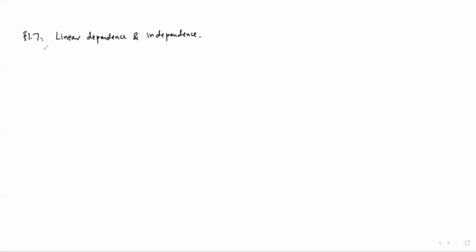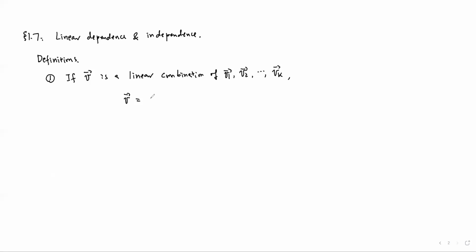So, definitions. Number 1. If a vector V is a linear combination of some other vectors, say v1, v2, ..., vk, that means we can find some scalars c1 times v1, plus c2 times v2, and so on.